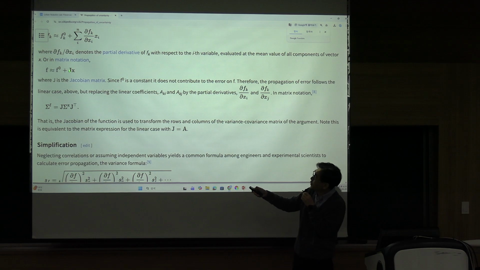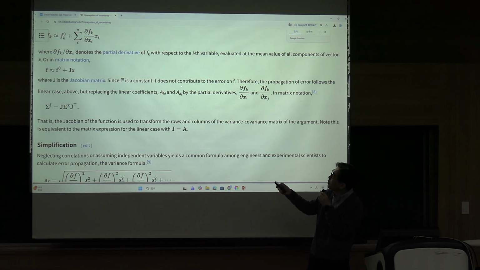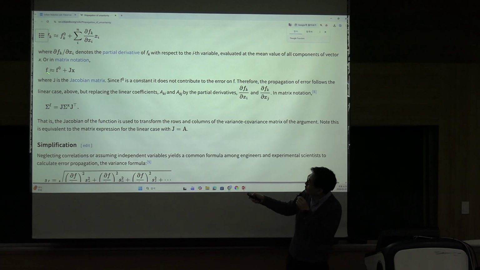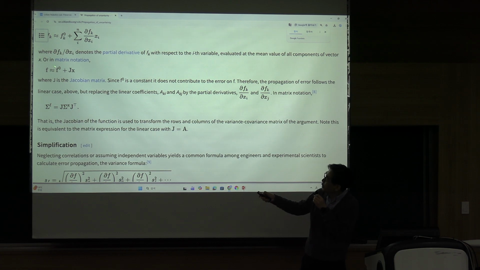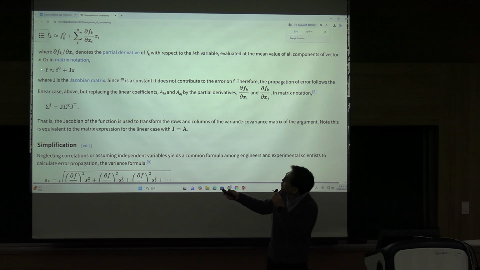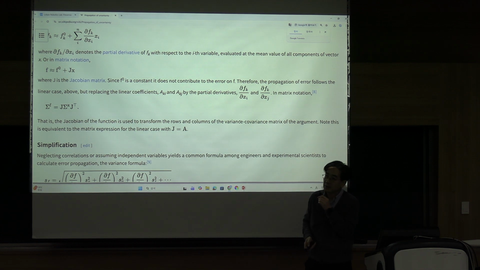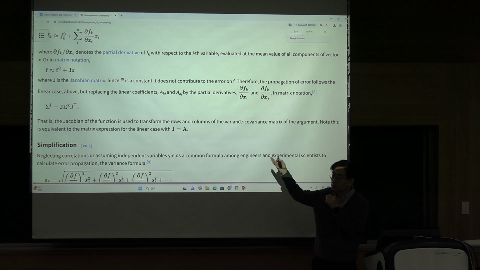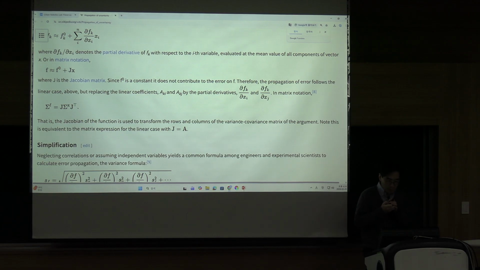This is the operating point, it is constant, and it does not contribute to error on F, so we can just ignore this term. F will be approximated by Jx, so this is a linear equation again. You have J sigma x J transpose. That's why you multiply the Jacobians on both sides of sigma x, then you can obtain sigma y. Do you follow me?